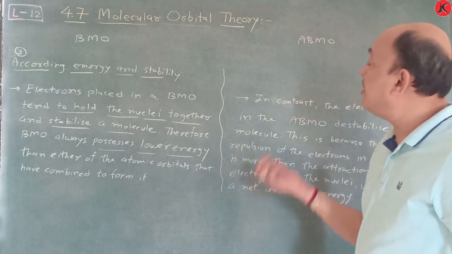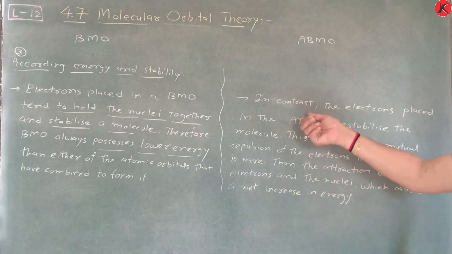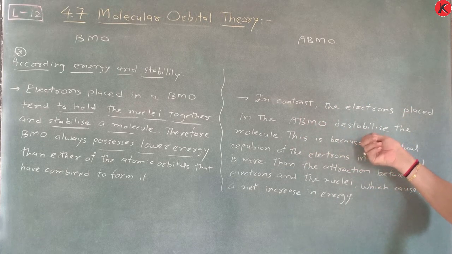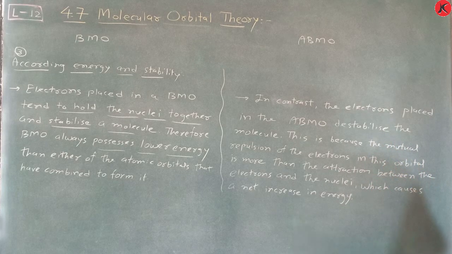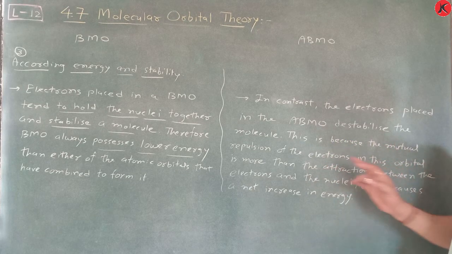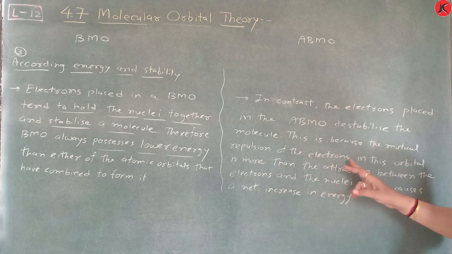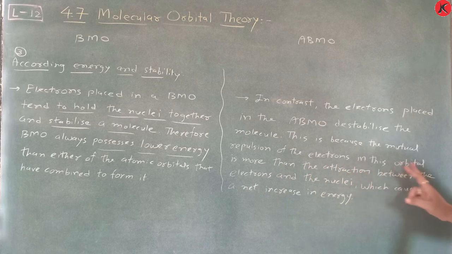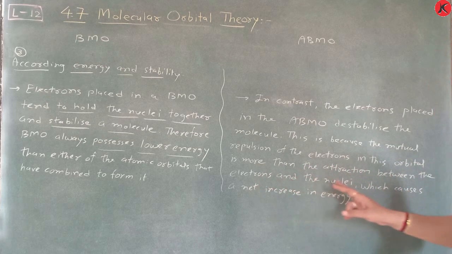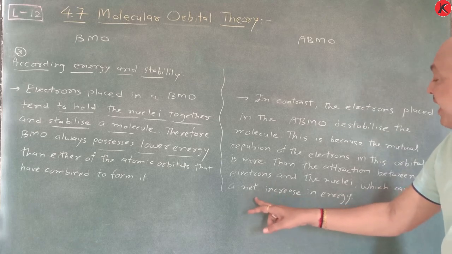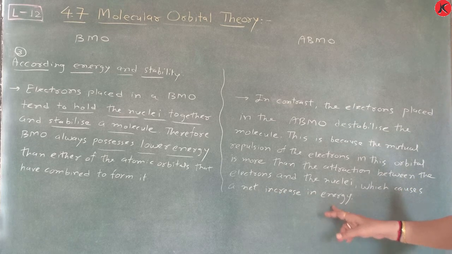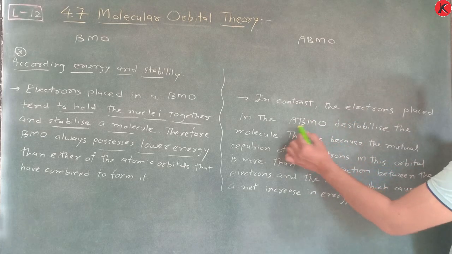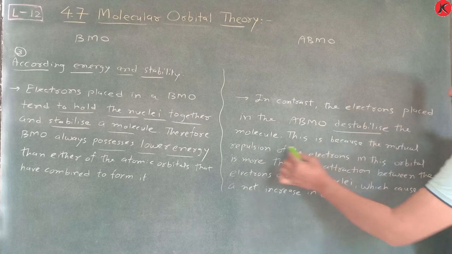In contrast, the electrons placed in the ABMO destabilize the molecule. This is because the mutual repulsion of the electrons in this orbital is more than the attraction between the electrons and the nuclei, which causes a net increase in energy. This is a very easy topic, but remember here, ABMO destabilizes the molecule.